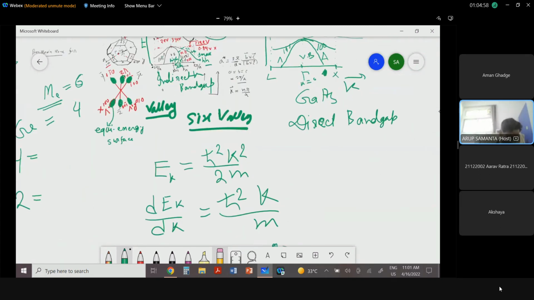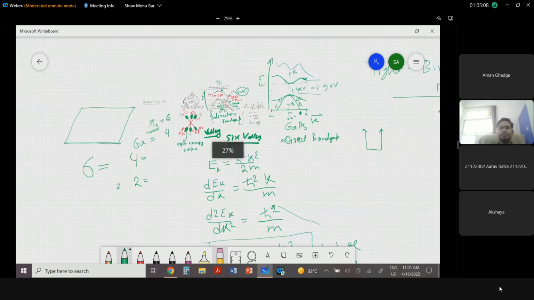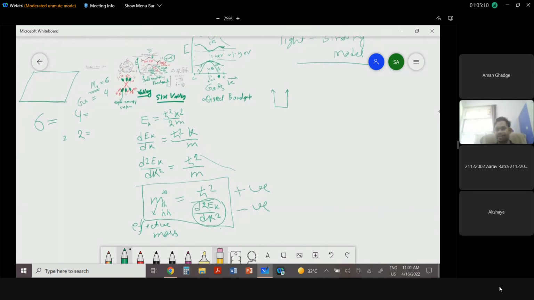After that, I will move on to change some things. I want to calculate the DOS, the density of states of this material. If you have any queries, please let me know. Have you understood?